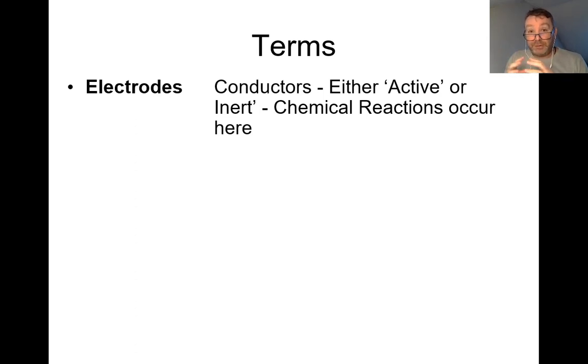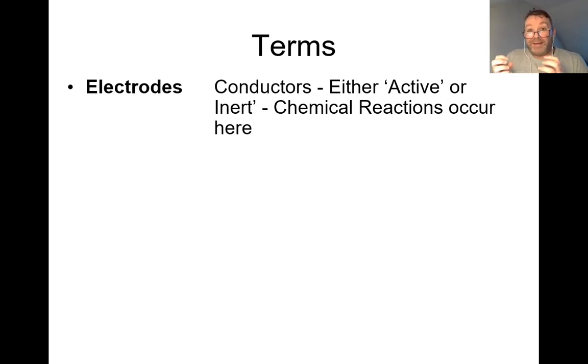First of all, you can use electrodes that are active, and that means that as the chemical reaction goes forward thanks to electricity, the actual electrodes themselves become involved in the chemistry. So chemical reactions can occur not only on the electrodes, but with the electrodes. And if that's the case, they're called active. If the electrodes are involved in the chemistry and change because of the chemistry, they're active electrodes.